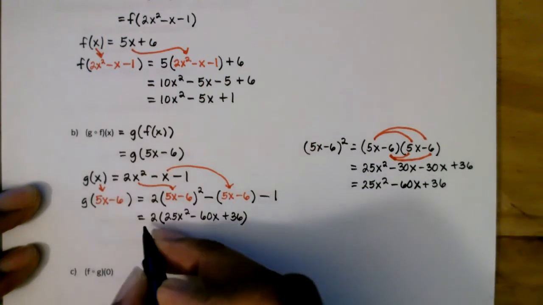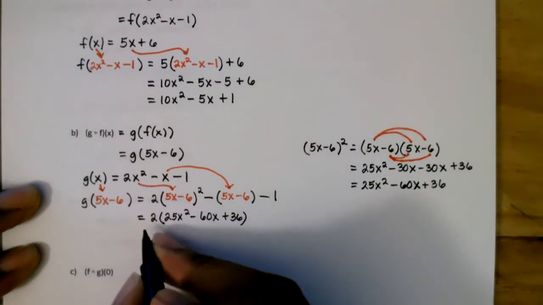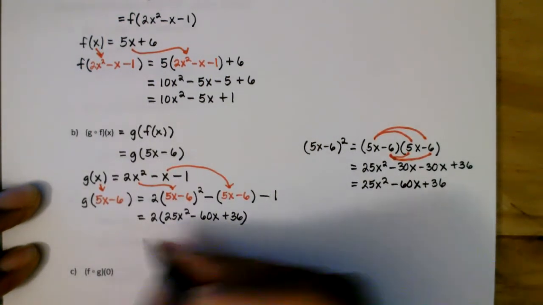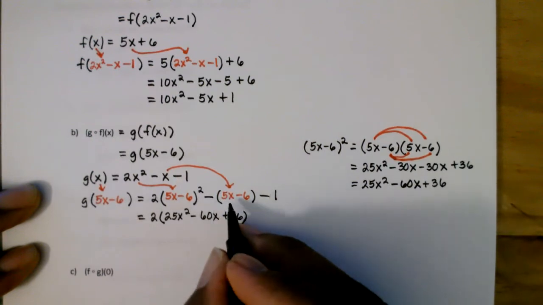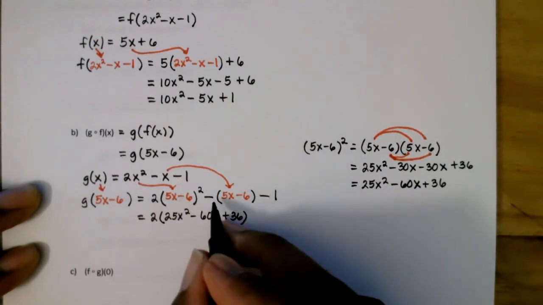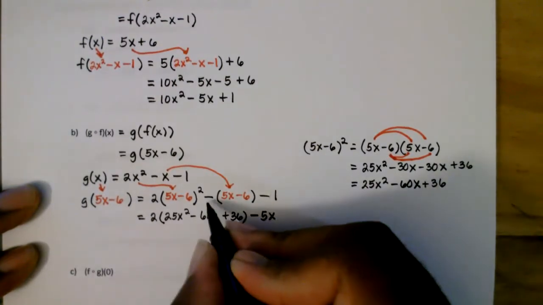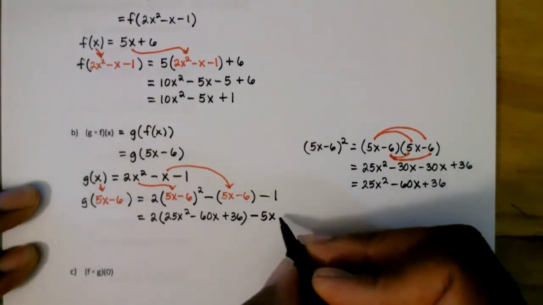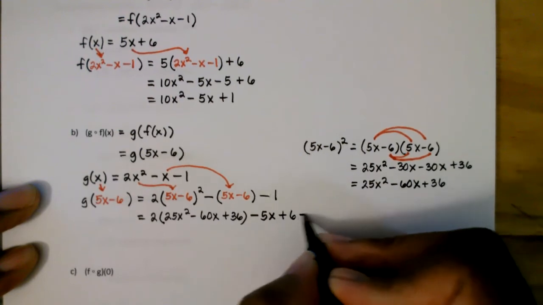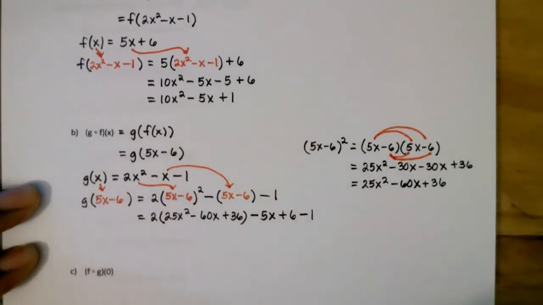Now this has to be multiplied by 2, the 2 in front. And then we're going to distribute the negative over the 5x plus 6. So the minus sign will make 5x minus 5x, and the plus 6 a minus 6. I still got that minus 1 out there, so I'll bring that down. All right, next.